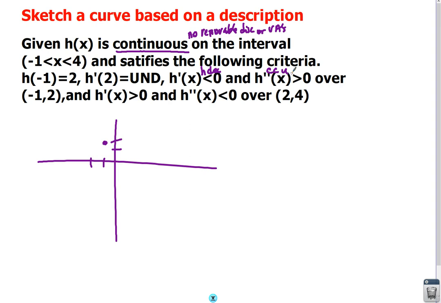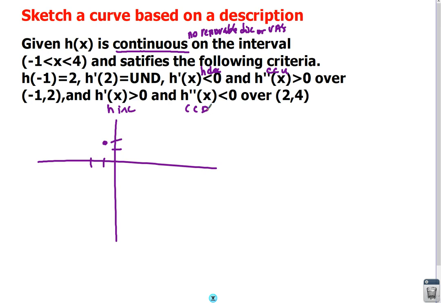And then h prime is undefined at 2, h prime of x is greater than 0, so h is increasing and concave down from 2 to 4.